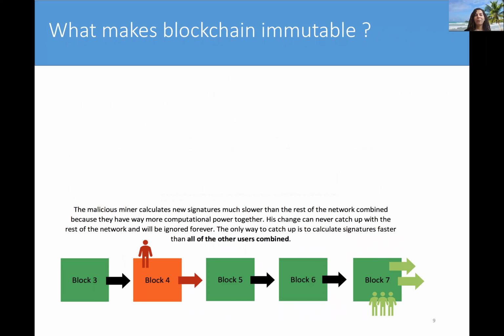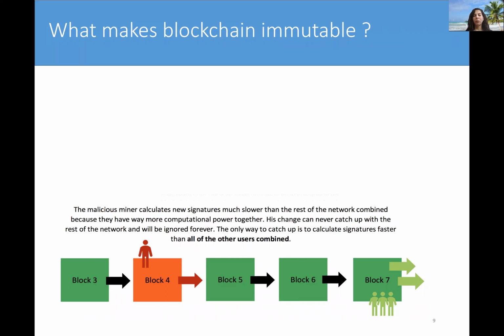And now what happens if someone who's malicious wants to change a transaction in the middle? They have to calculate a new signature that has this property, a signature within that threshold. But remember, the amount of time and computing it takes to generate that is very high.